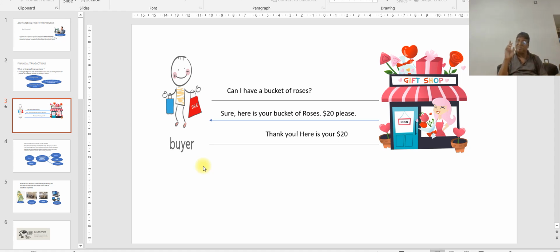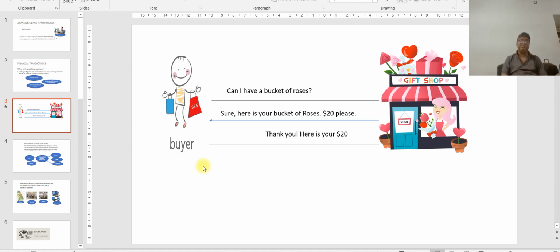For any transaction there must be two parties, one is the buyer, another is the seller, and there must be an exchange of cash or credit between both the parties.